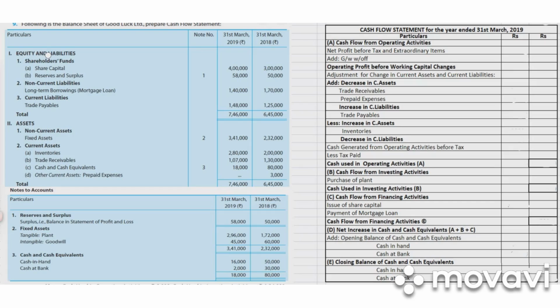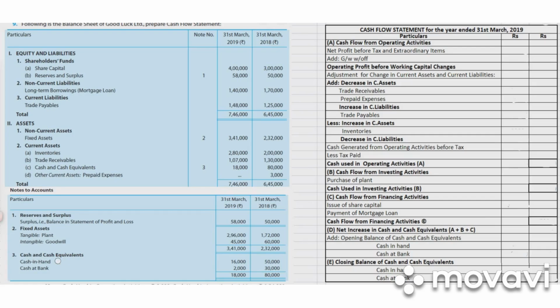So the first part of the balance sheet is divided into two, equity and liabilities, then assets. Then in the notes to accounts, as we have already seen, reserves and surplus is given, fixed assets is given, then cash and cash equivalents are also given. Here also only the heading will be given in the main section on the top, and the categories will be given below if there are categories. So here there are categories.